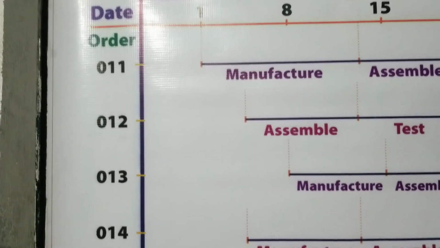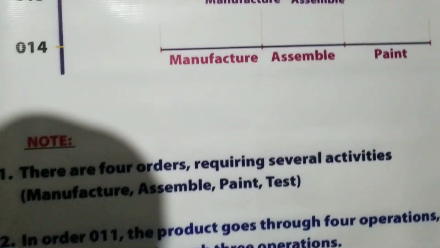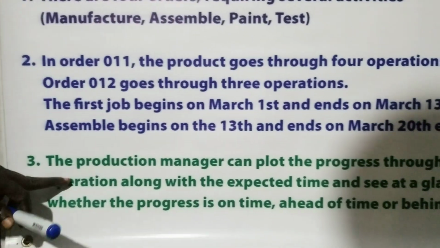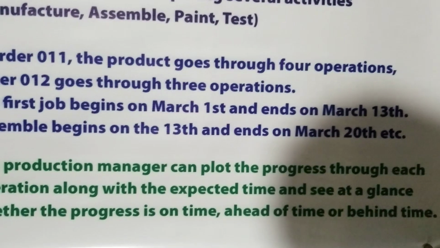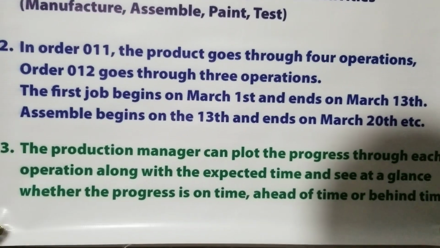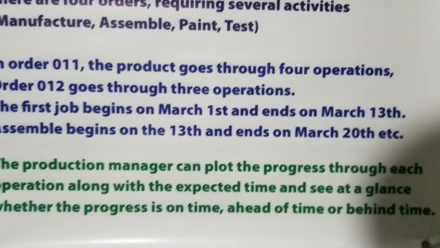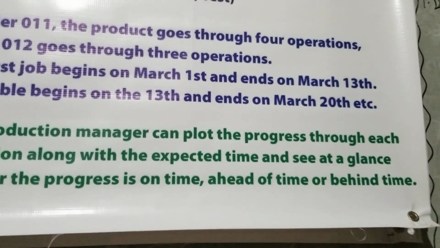So the production manager can plot the progress through each operation along with the expected time and see at a glance. When you were in school, I made you see a particular diagram, the organizational chart, at a glance.